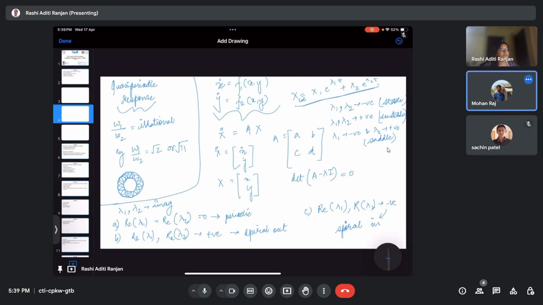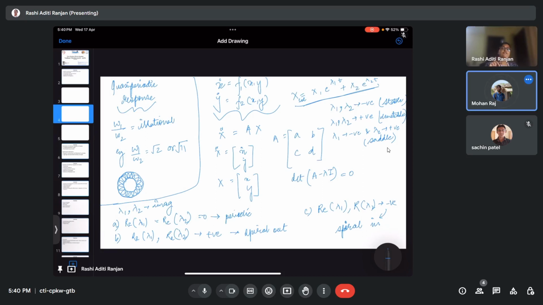Periodic response is not actually a stable response. Why? Because when we define a response as stable, we say that if I take my system to some place and then I leave it, and it comes back to that point, then my system is stable. Correct?